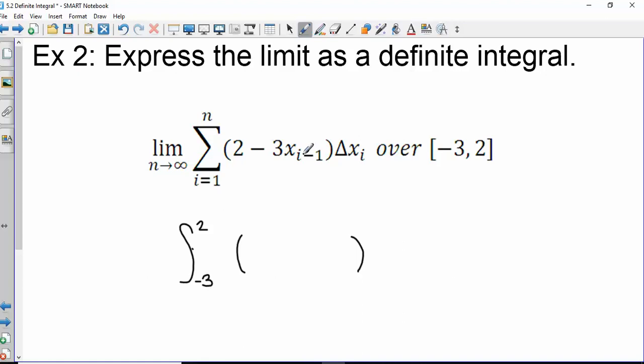Your x sub i or x sub i plus 1 or whatever it might be is just going to turn into an x. So it's just 2 minus 3x. And what do I change when I see the change in x sub i, what do I have to put for that? dx, when you have an integral, it'll always have a dx at the end. So that's what it would look like as an integral.